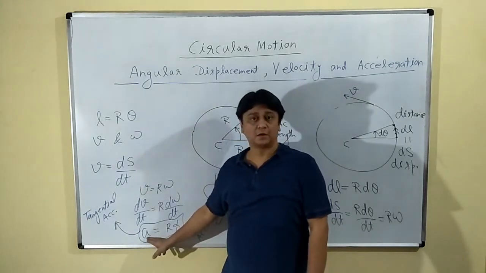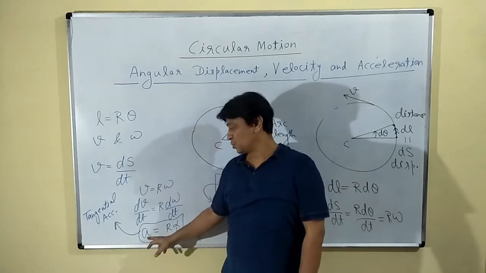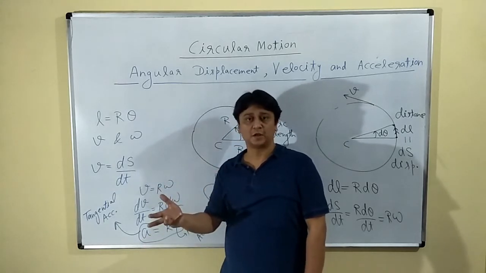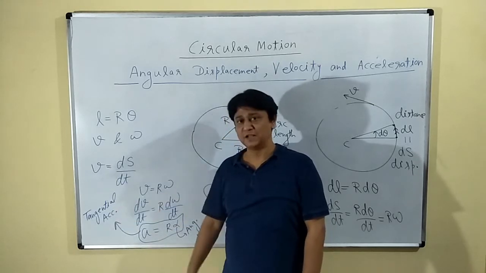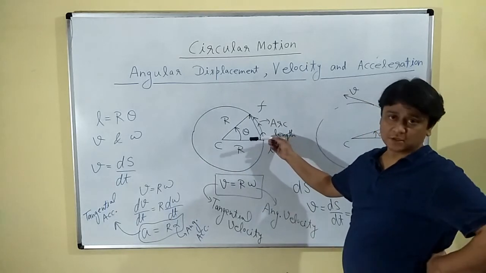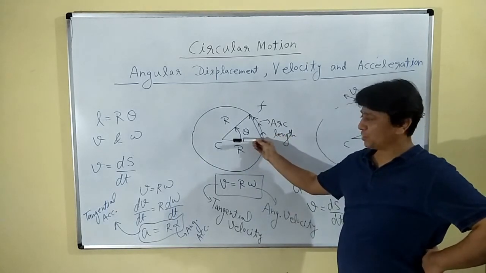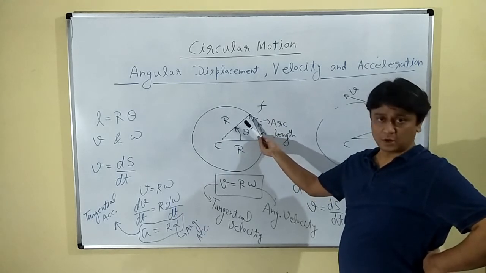What is A? कुछ लोग A को A total समझते हैं, कुछ लोग A को centripetal समझते हैं, लेकिन ये है क्या? This A is what? Tangential acceleration. We know that acceleration has a centripetal component, a tangential component, and then total.